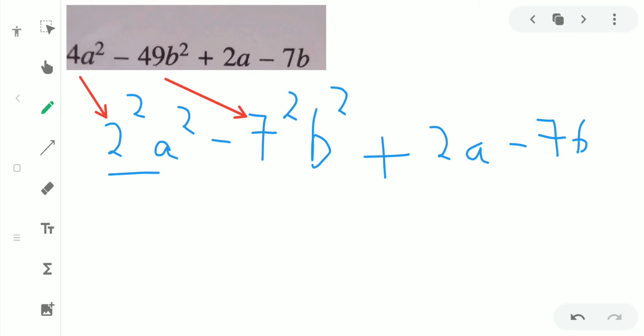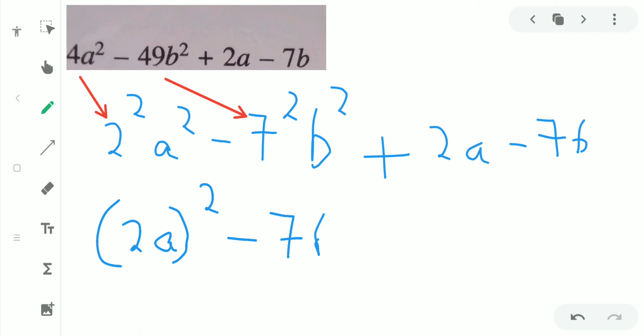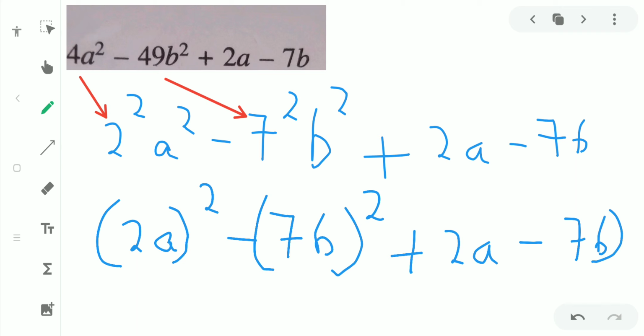So here 2 square a square I will be getting as 2a whole square minus 7b whole square plus 2a minus 7b.